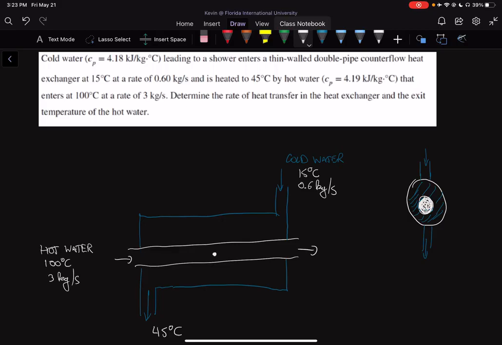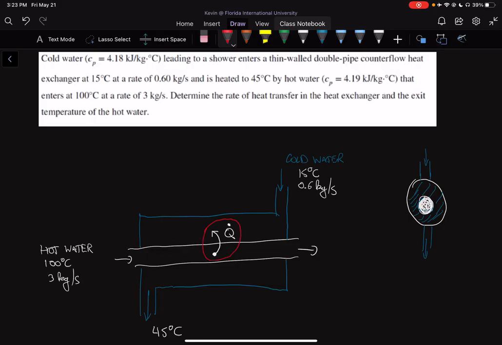So what's going to happen is we're going to have some amount of heat going from the hot side to the cold side of our system. We're just assuming this, but we're pretty sure that that's what's going to happen. We're not 100% sure, but it makes sense that if we have hot water mixing with cold water, the heat is going to be leaving the hot water and going to the cold water. So this is what we're looking for, determining the rate of heat transfer.